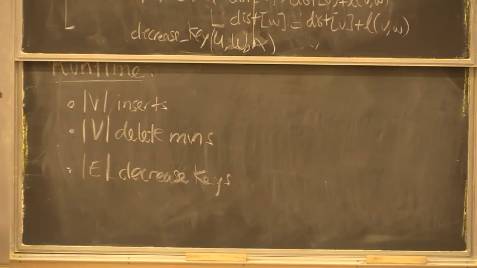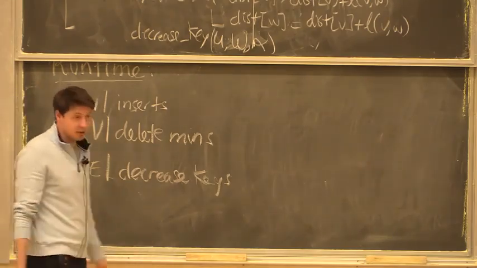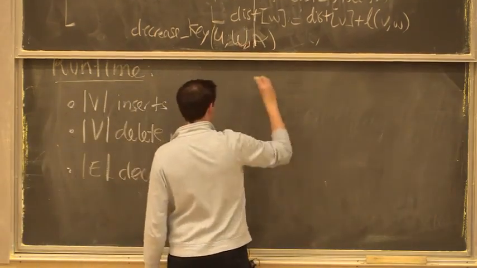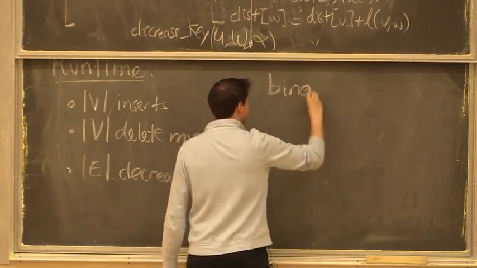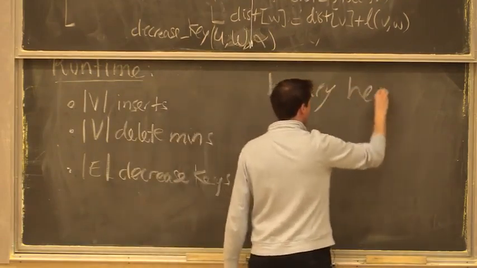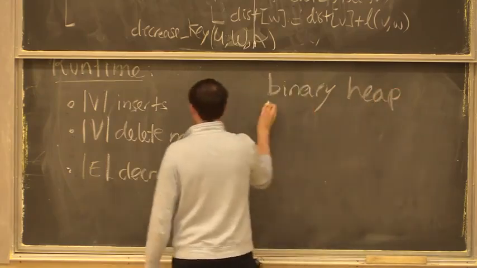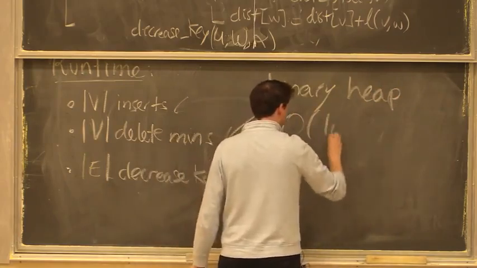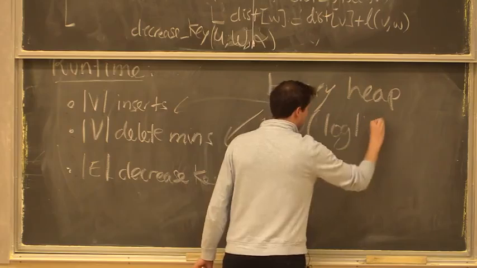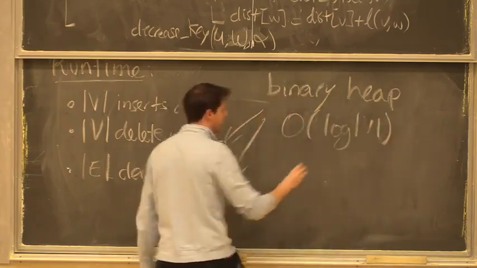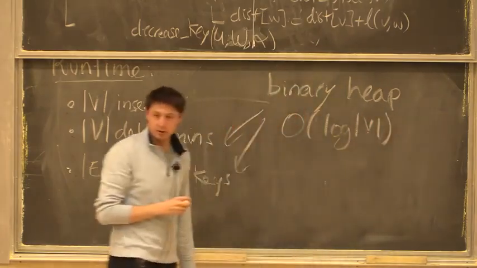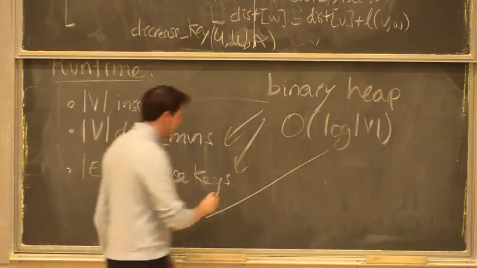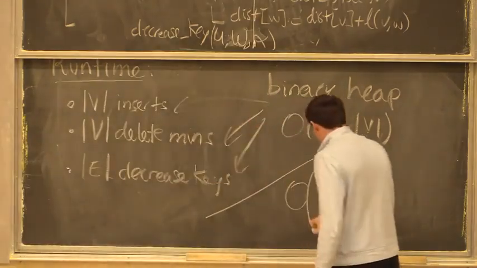This is not a data structure course, but there is a choice of priority queue, for example a binary heap, that we're not covering. You can look it up yourself, where all of these have worst case cost log size of V, the size of the queue. So overall, the cost of this algorithm is going to be what?